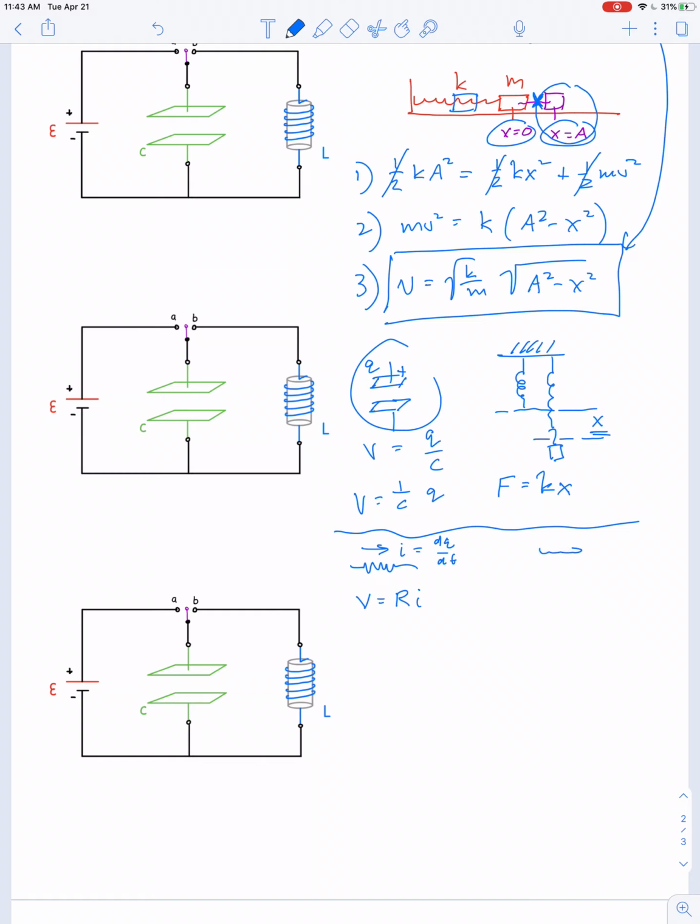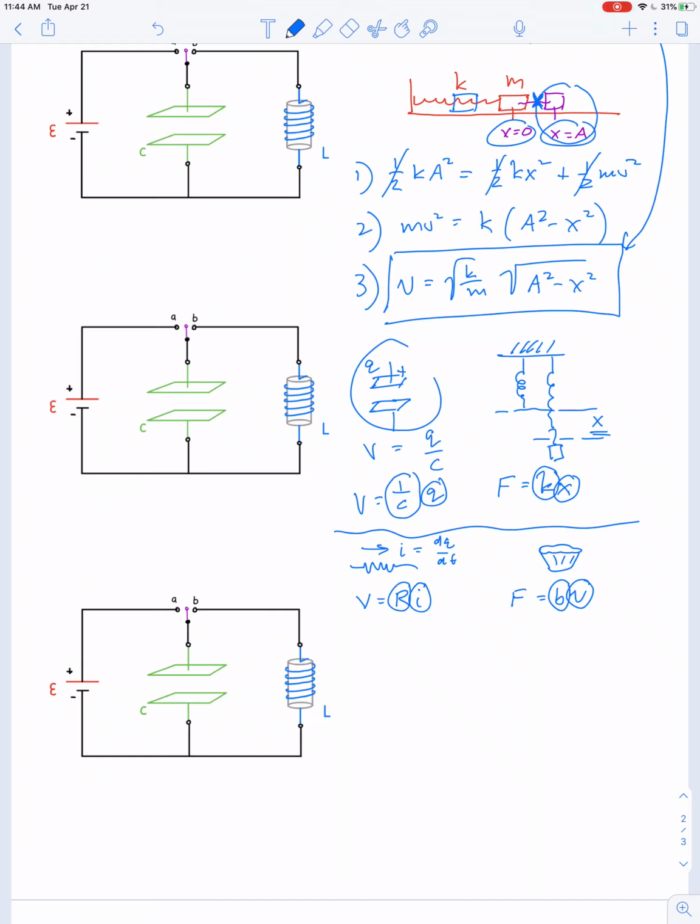That's sort of like a coffee filter falling through the air has a force of air resistance equal to bv. So it looks like x is to Q as spring constant is to the inverse of capacitance, and velocity is to current as drag coefficient is to resistance.